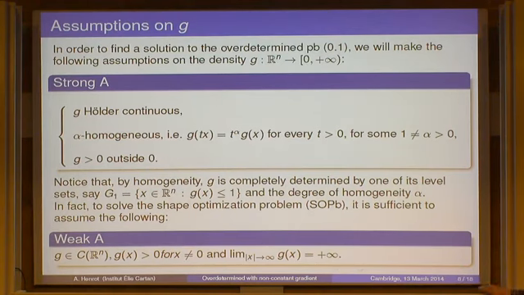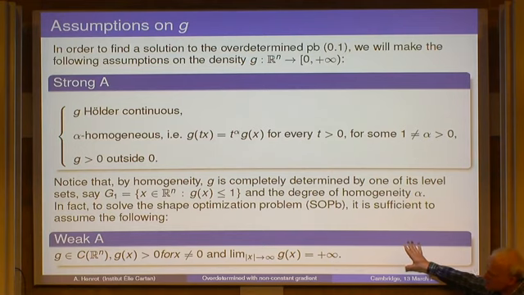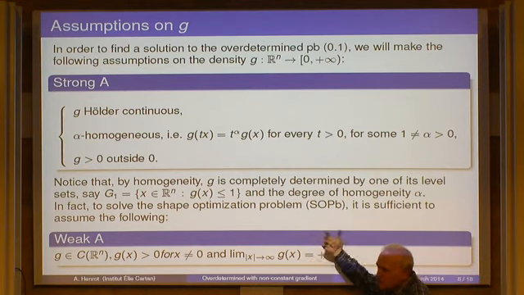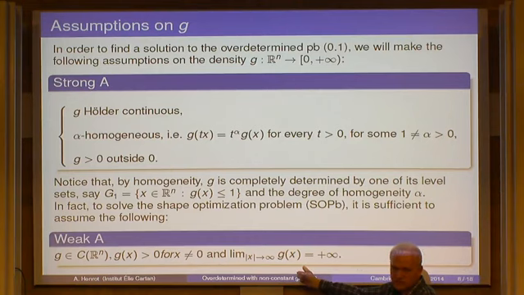Let me just say that actually I have two problems. I have my shape optimization problem, which is below, and I have my overdetermined problem, which is here. The shape optimization problem is weaker in some sense. Namely, to solve the shape optimization problem, I need weaker assumptions. I just need to assume that J is continuous, positive, and coercive in some sense, goes to plus infinity at infinity.